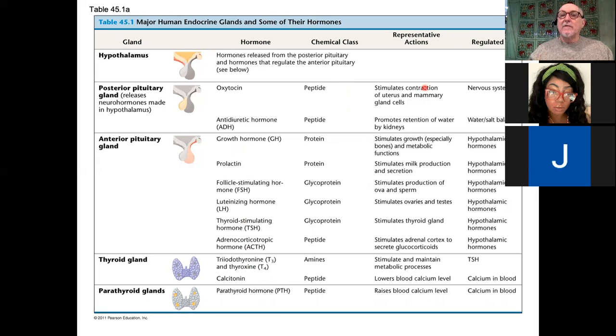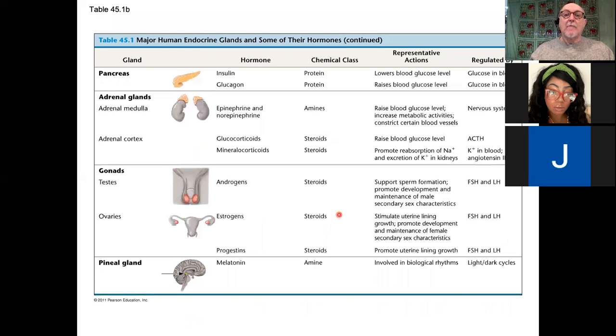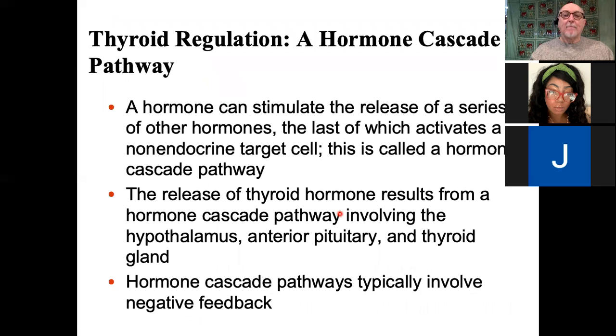This is what you probably want to be most interested in, because this tells you in summary the activity of the different hormones. So there's some work here for you to do, although I will discuss examples of their activity later on.